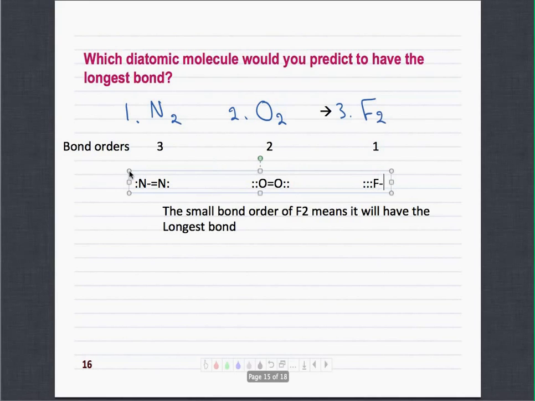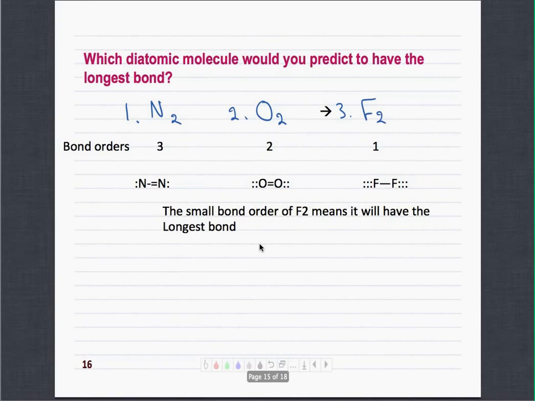That means as the bond order increases, the length will decrease. The question is asking me about the longest. So that's going to be the longest bond because it has the lowest bond order. Okay.